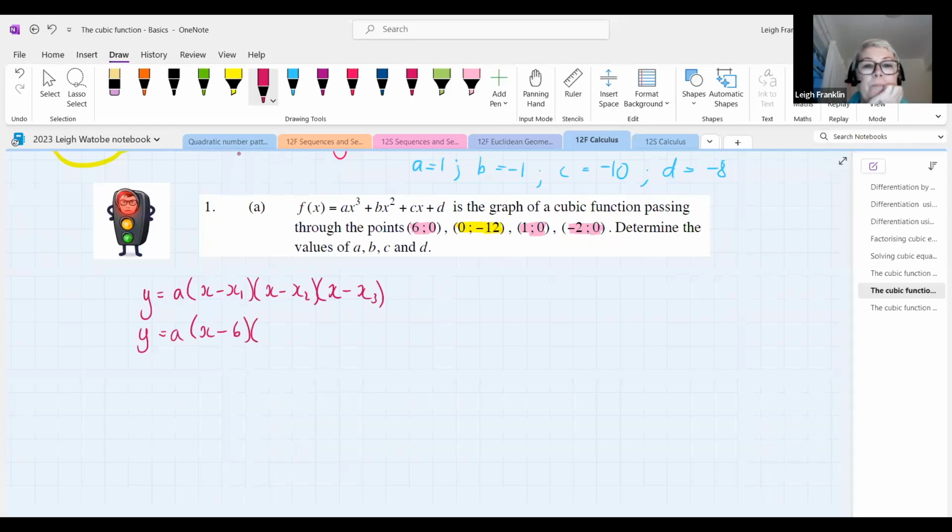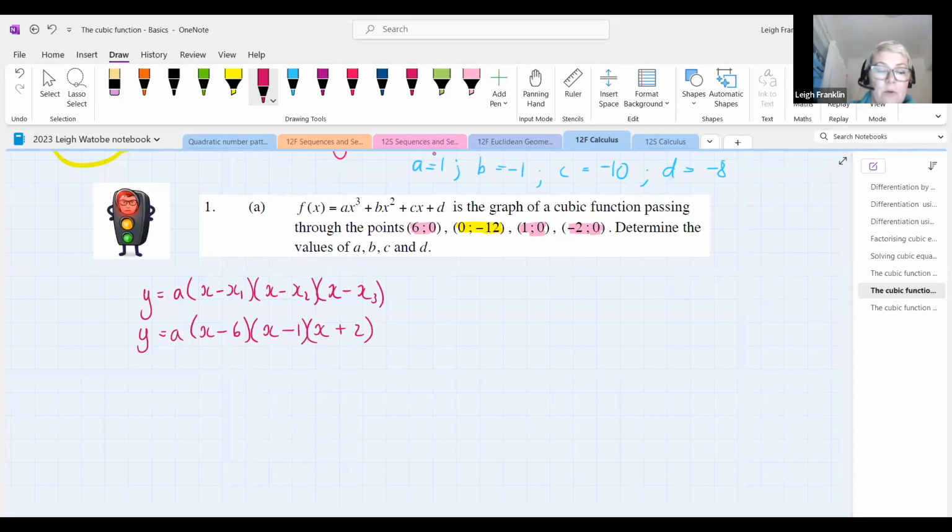Good. x plus 1, x minus 1. You just made a little sign mistake there. Oh yeah, x minus 1. That's fine. And then the last bracket was? x plus 2. Good. Well done.